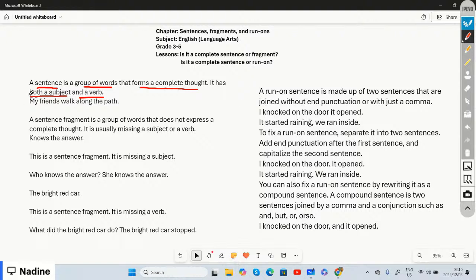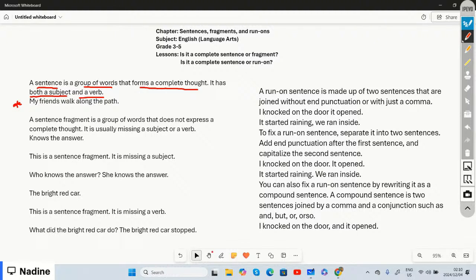And if we look at an example of a sentence that forms a complete thought, we see that it has both a subject and a verb. It says, my friends walk along the path.